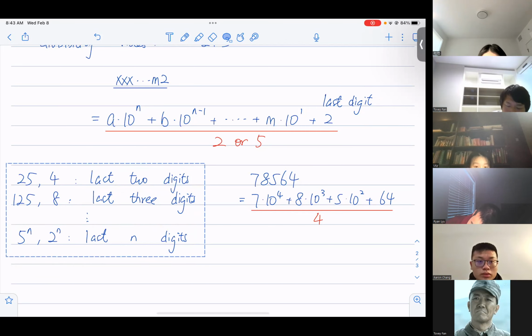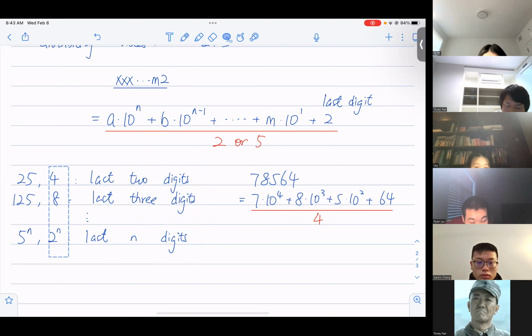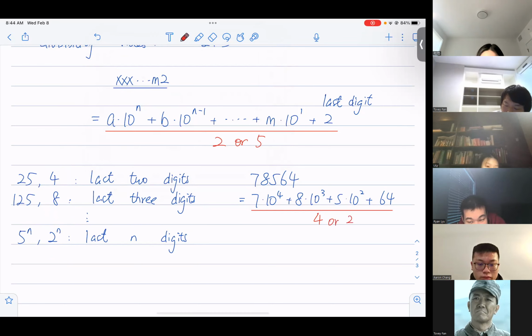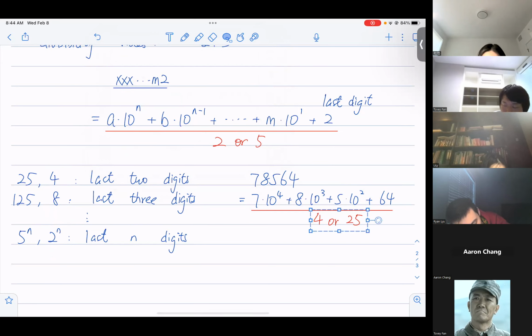And again, that's the same reason. It has the same reason as powers of 2, right? Because if you divide it by 4 or if you divide it by 25, again, 100 is a multiple of them both, right? Of both. So you don't need to worry about 100. You just need to look at the last 2 digits.